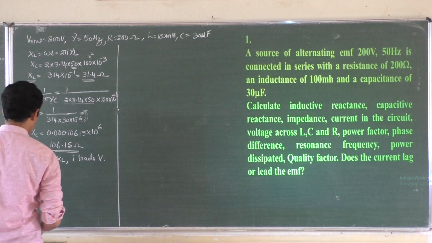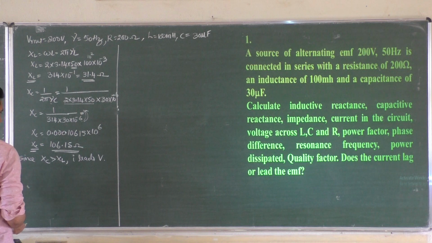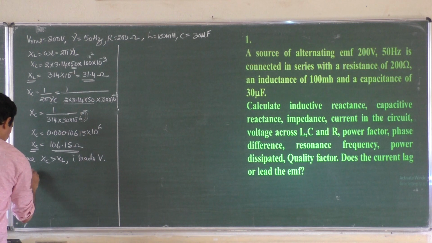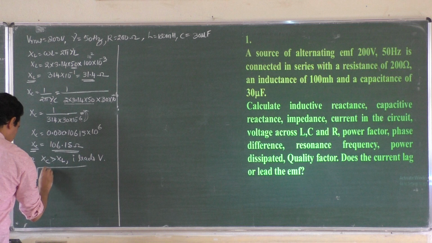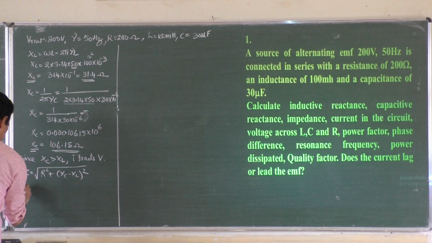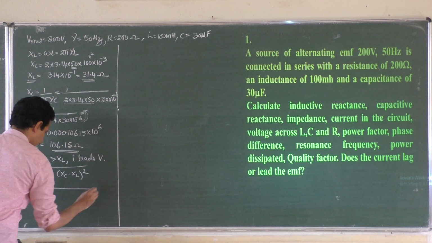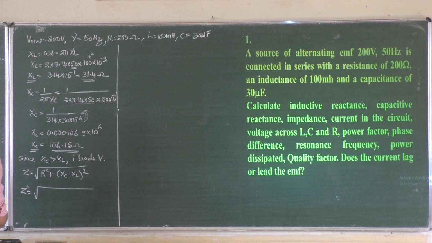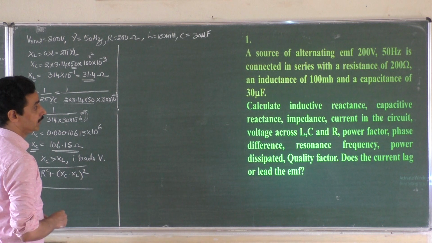So what I can do, Z I can calculate. Z is equal to root of R square plus Xc minus XL whole square. What is the resistance value? 200 ohm, right? 200 volt and 200 ohm.